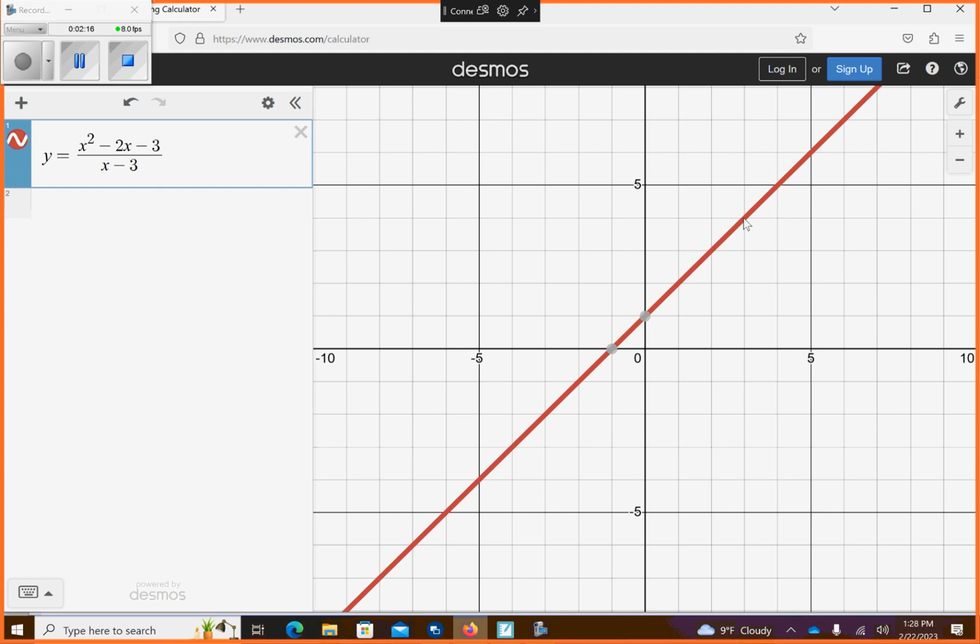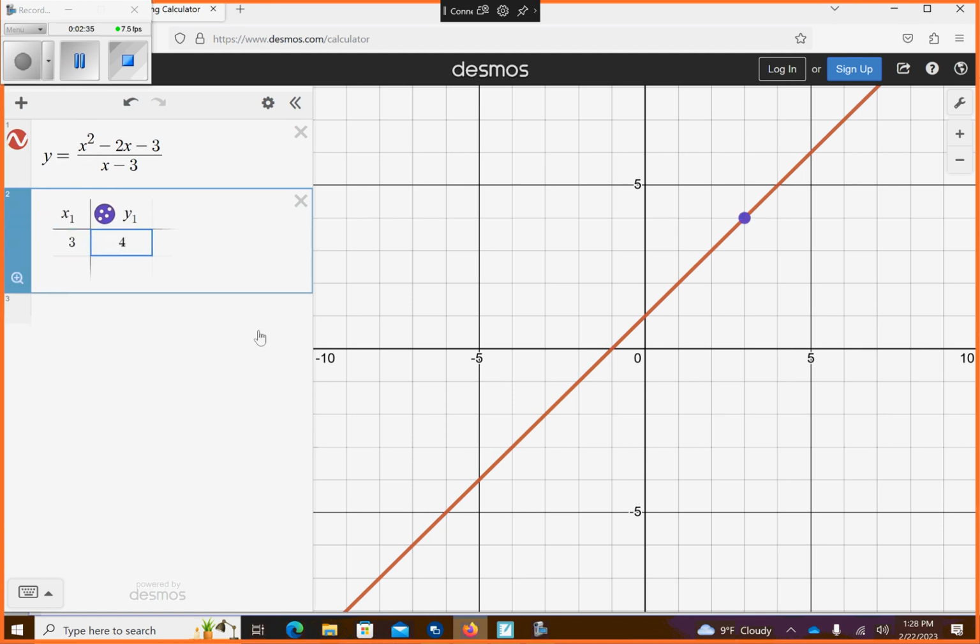Does that make sense? So let me see if I can find that hole, 3, 4. There it is. So that purple dot I have up there represents our hole.